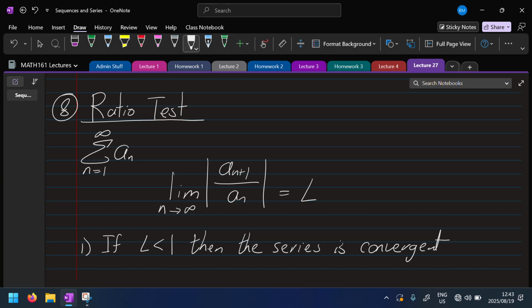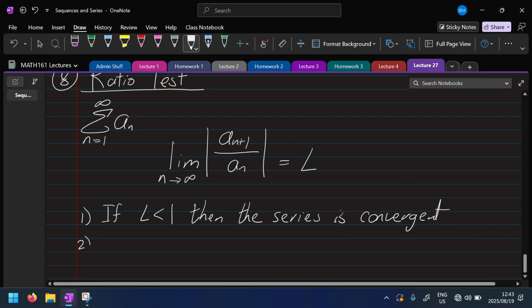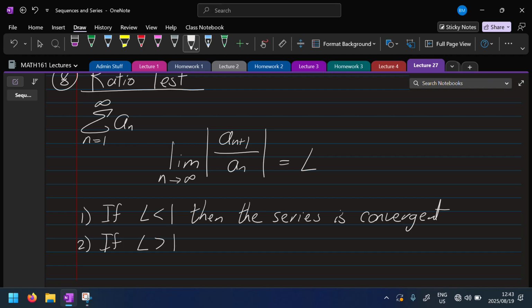Whatever value you get, like a half or a third, as long as it's less than 1, then the series is convergent. Number 2, if L is greater than 1, then it is divergent.